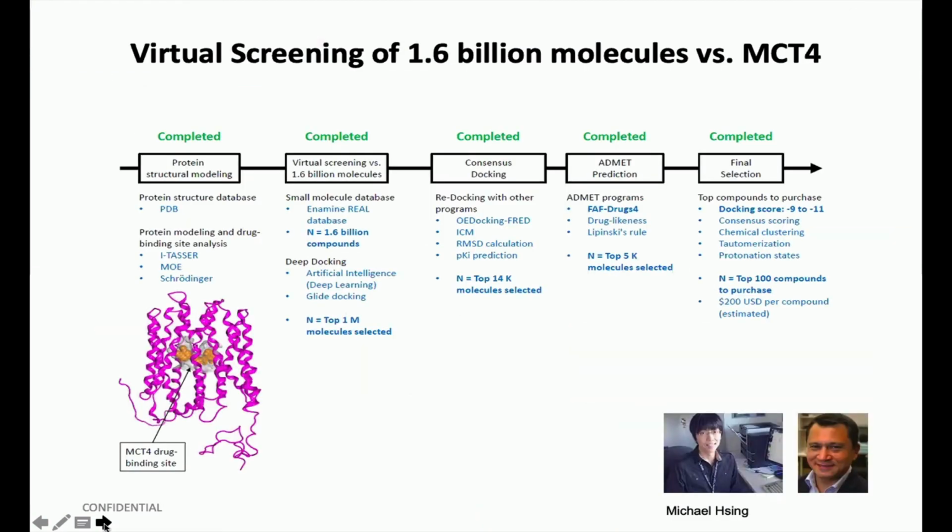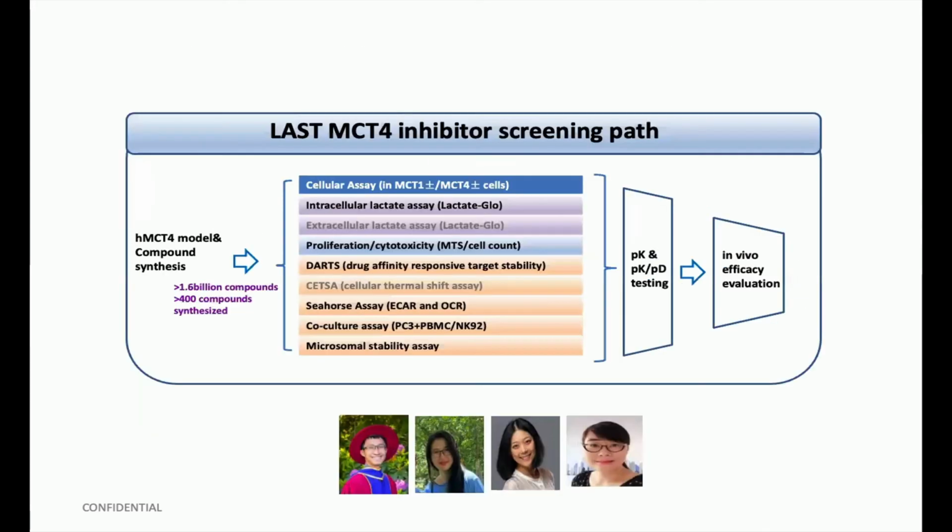Again, in collaboration with Art and Michael, using their powerful artificial intelligence in silico program, we screened for MCT4 inhibitors. This is the pipeline they used, and we have already gone through 10 rounds of screening and bought about 500 small molecules.